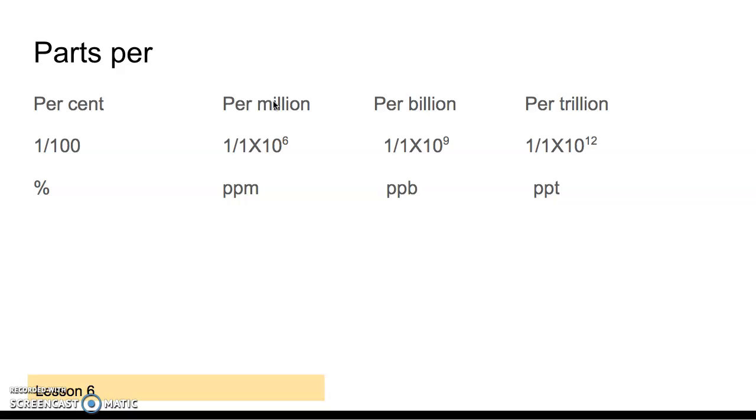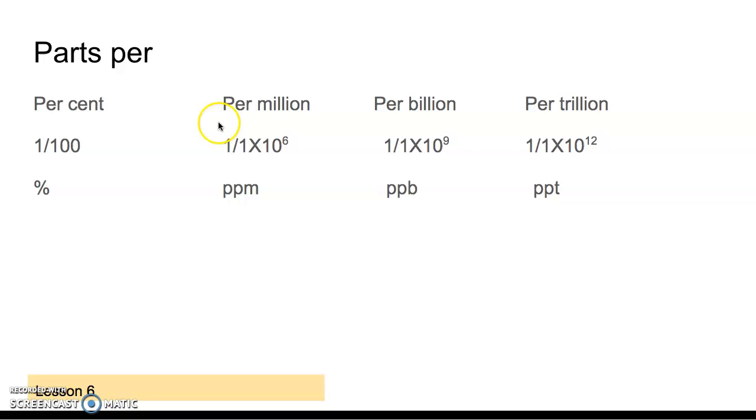And then lastly, from lesson 6, we talked about parts per, and this is very commonly used for environmental science because a lot of water quality and air quality is all measured in parts per. There are different ones. Percent is 1 part solute per 100 parts solution, and is expressed with a percent sign.